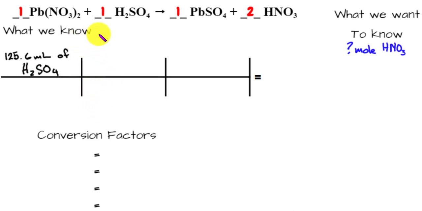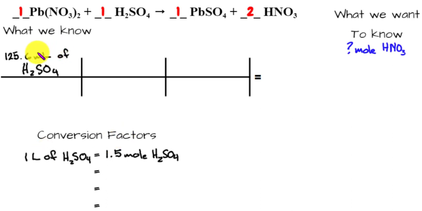Okay, now they tell me that for every 1 liter of H2SO4, or sulfuric acid, I have 1.5 moles of H2SO4. So I need to get from milliliters of H2SO4 to moles of HNO3.